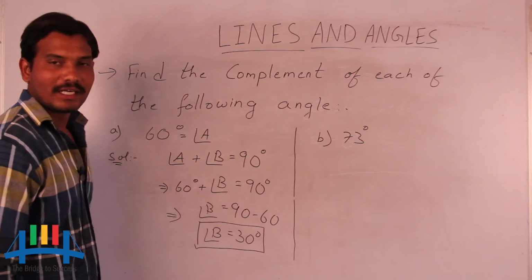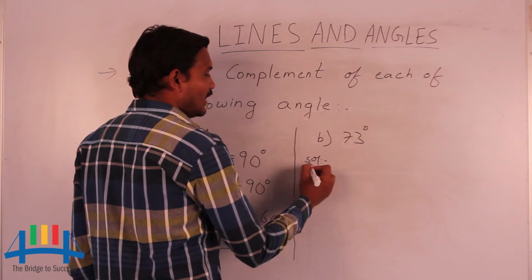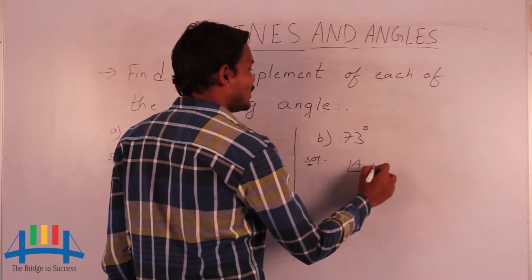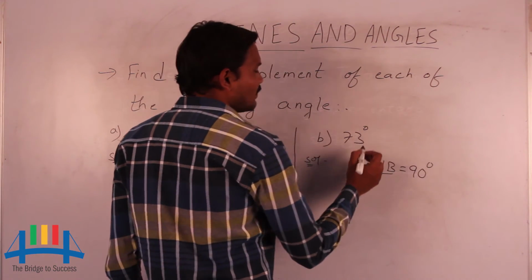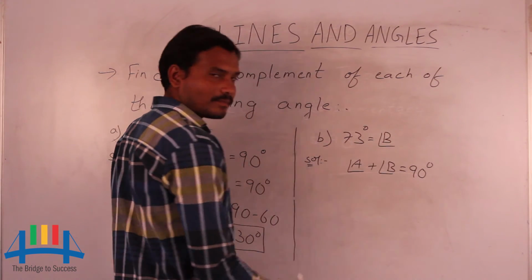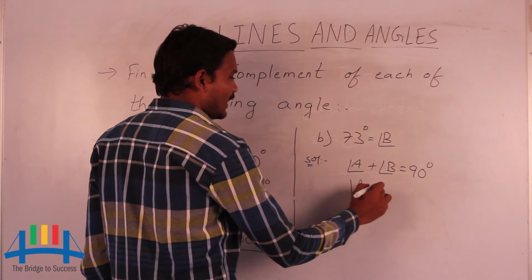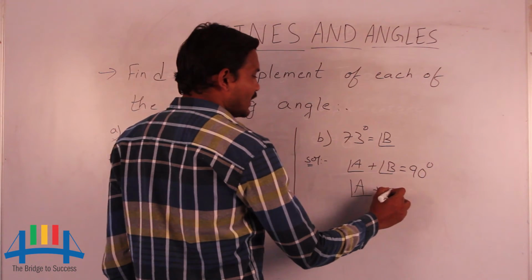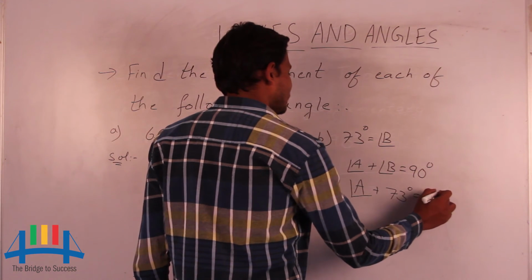Next I will go for the next question, that is 73 degrees. Similarly we know that angle A plus angle B is equal to 90 degrees in a complementary angle. So similarly we will consider this as angle B now. So angle A we don't know, so I am writing angle A as it is, and angle B value is nothing but 73 degrees, and which is equal to 90 degrees.